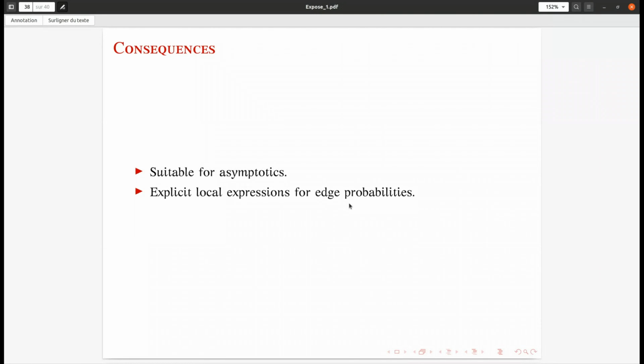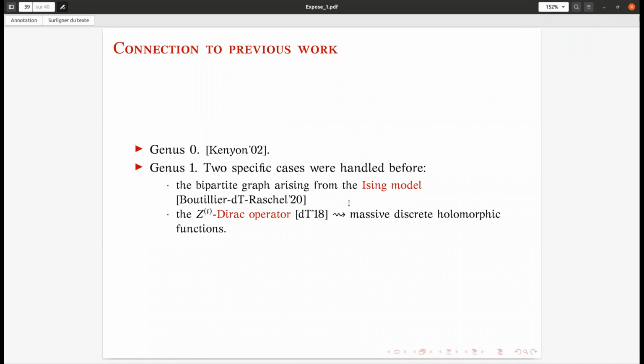I have not written the formulas in this talk, but they just involve theta functions. And so to connect to previous work, this extends the genus 0 case of Kenyon. Before in the literature, Cédric, Kylian, and I had handled in one paper two specific cases of those bipartite dimer models in genus 1. And now we have done the general case.